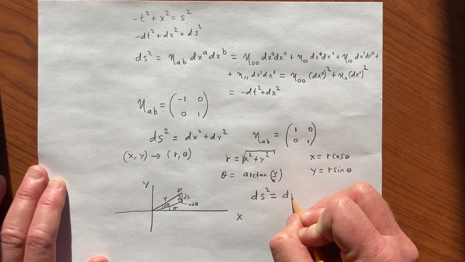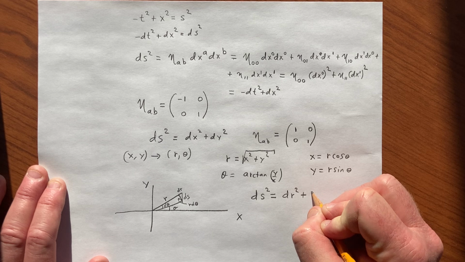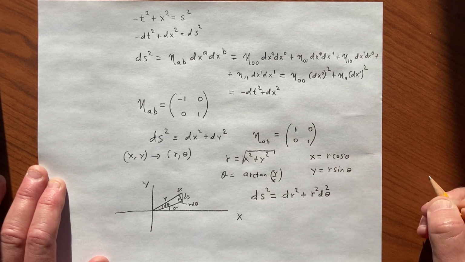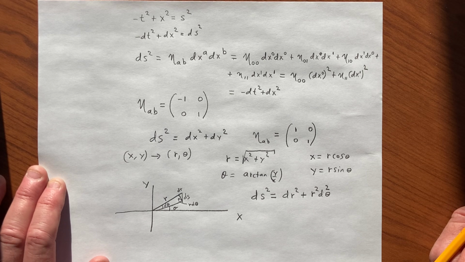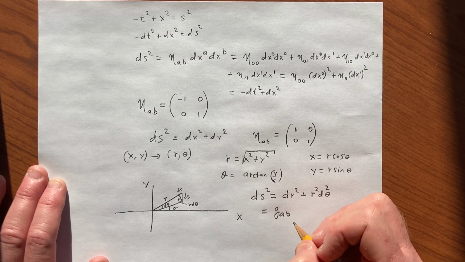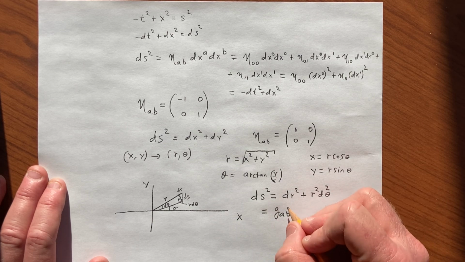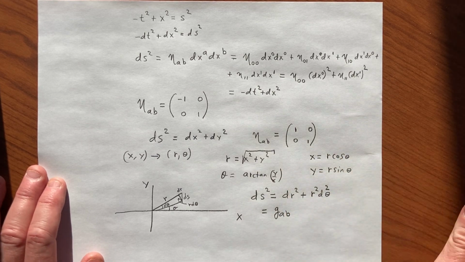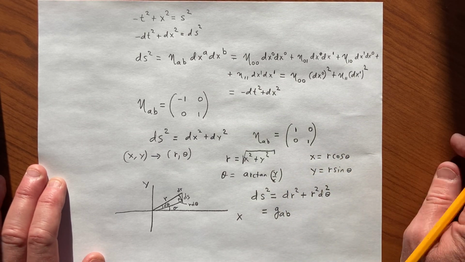So it's dr squared plus r squared d theta squared, which we can write as, in terms of this metric tensor, now I'm using a different symbol, g_AB, just because the components will look different.